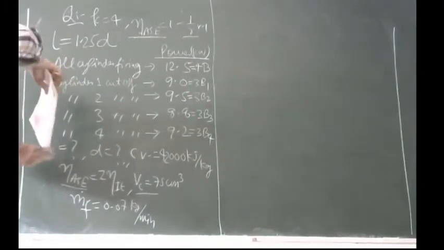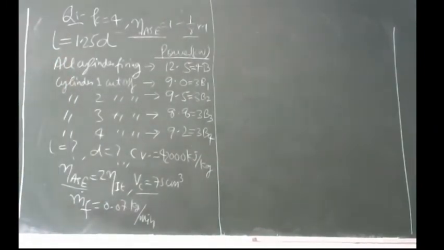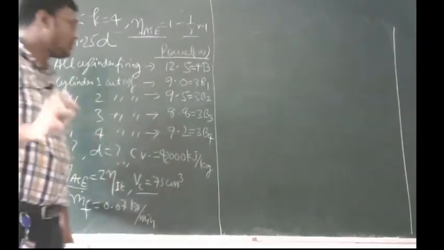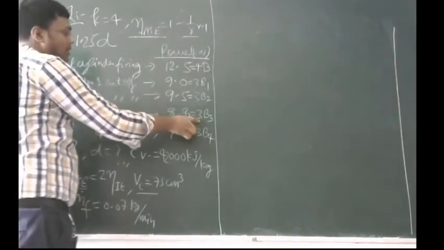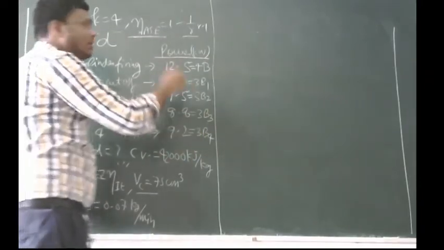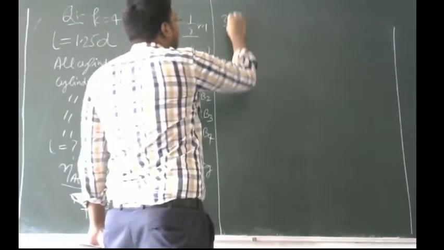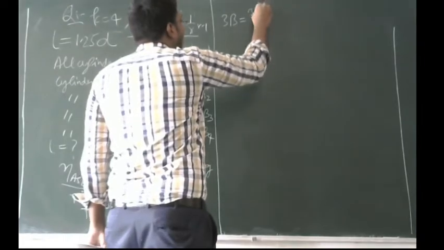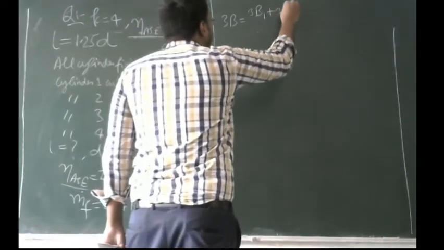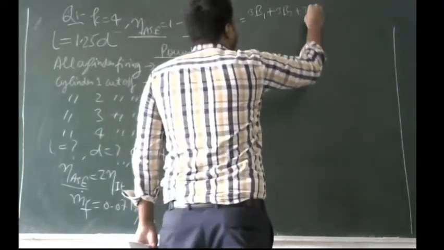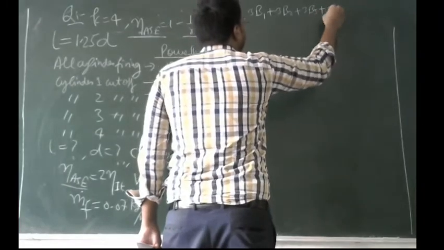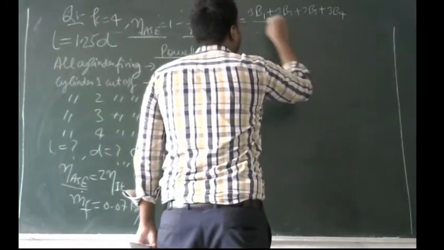Now we know the equation. First, we have to calculate the average brake power for three cylinders. Here 3B1, 3B2, 3B3 and 3B4 are given, so we have to take the average. So 3B is equal to (3B1 plus 3B2 plus 3B3 plus 3B4) by 4.